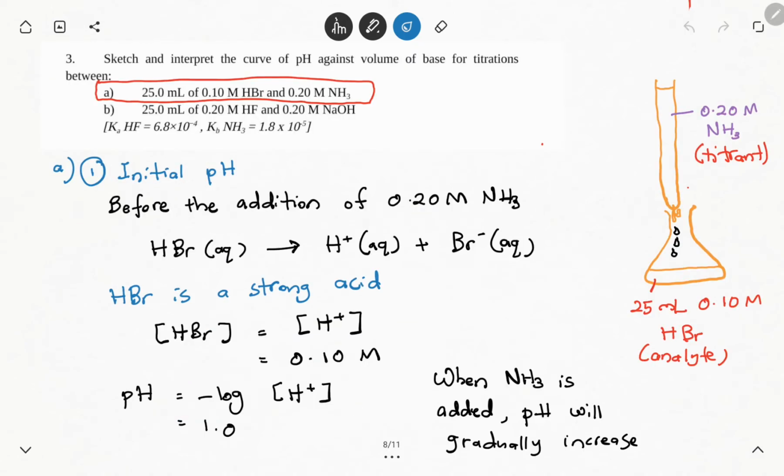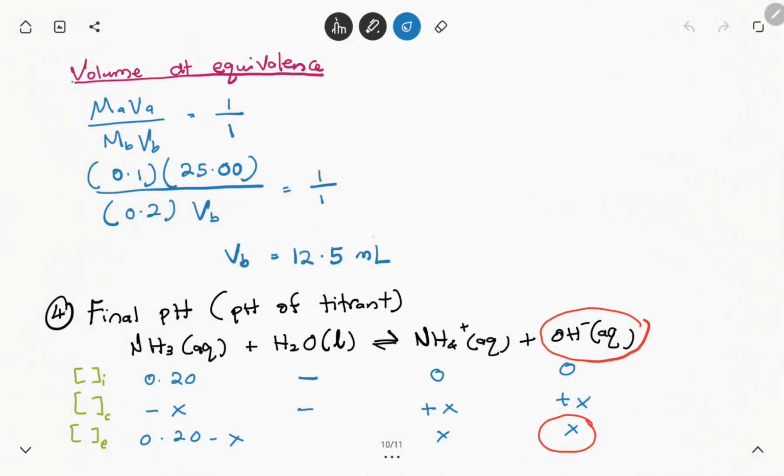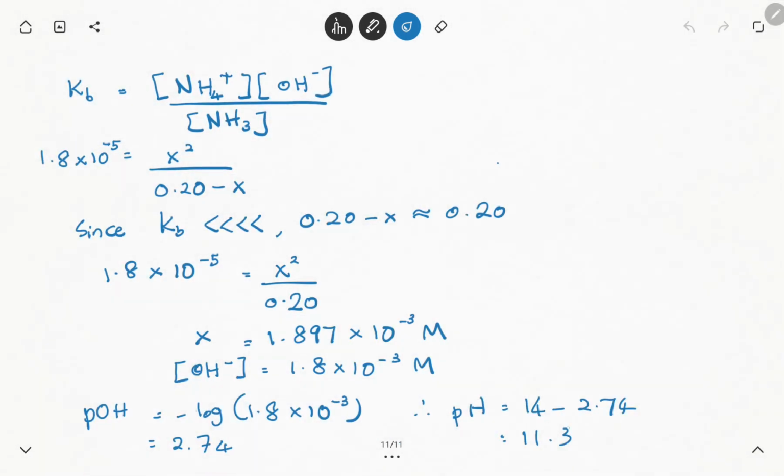So we are going to use all these points to sketch the titration curve. We are going to use the initial pH, the sharp increase, the pH at equivalence, the volume of base at equivalence, and the final pH.